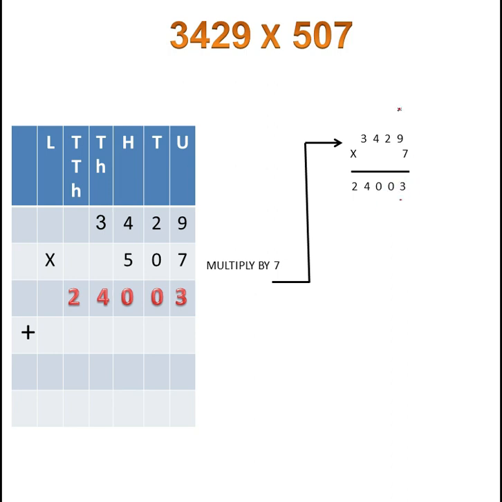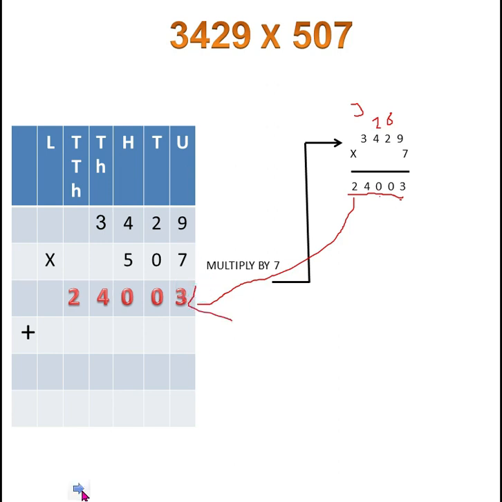I write 3 here and 6 carried forward. 7 into 2 is equal to 14 plus 6 is equal to 20. 0 here and 2 carried forward. 7 into 4, 28 plus 2 is equal to 30. I write 0 here and 3 carried forward. Then 7 into 3 is equal to 21 plus 3 is equal to 24. So I will get this value, 24,003. I write this value here.